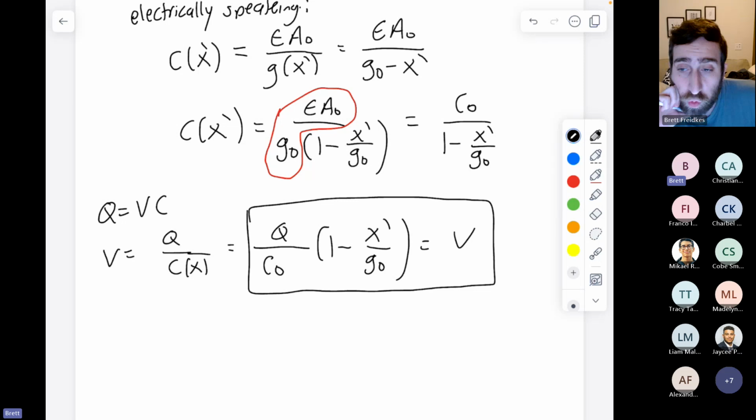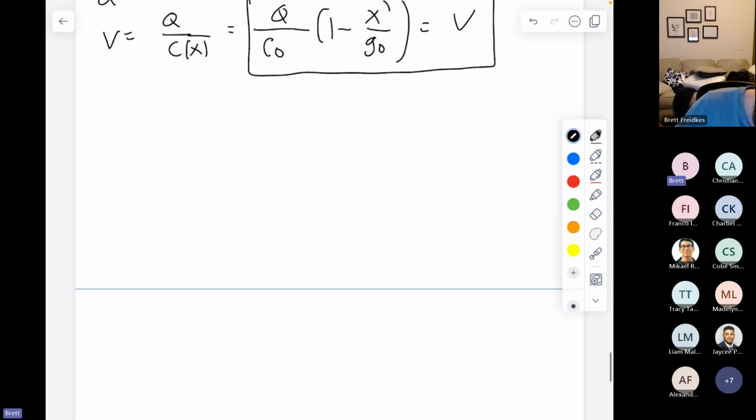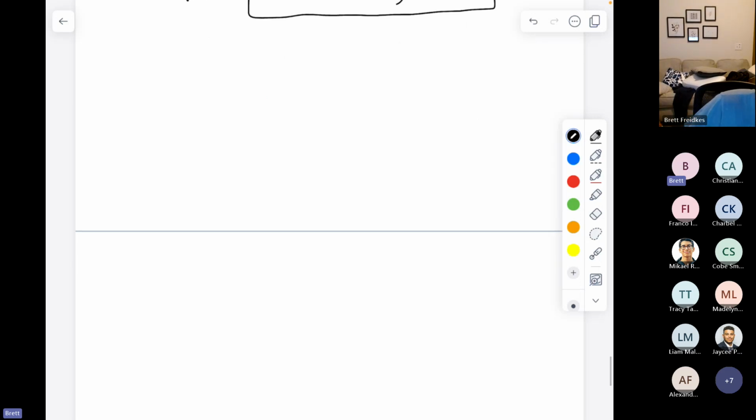So we have two equations now. We have one for the net force acting on the sensor, and one representing the voltage acting on the sensor. Let me go ahead and write those down.